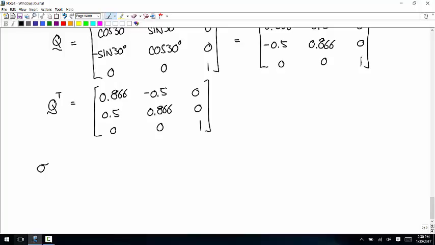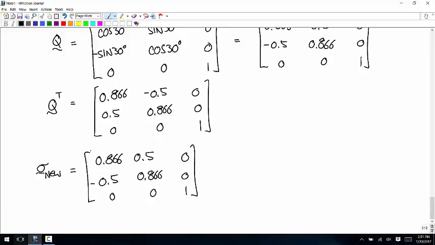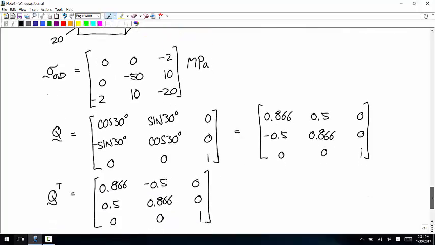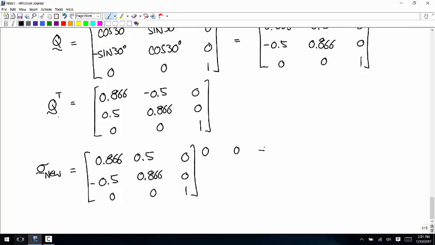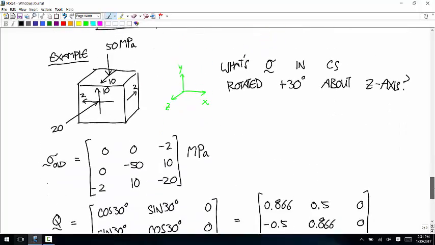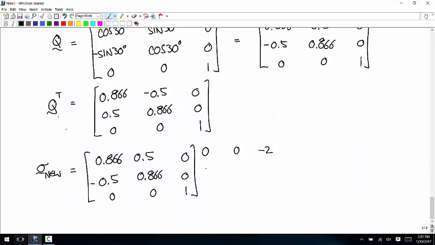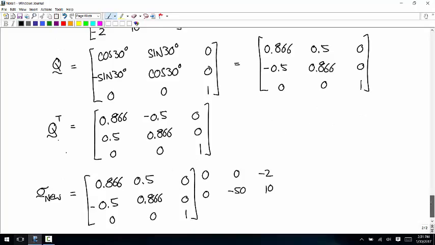And so the rotated stress tensor, sigma prime, is equal to 0.866, 0.5, 0, negative 0.5, 0.866, 0, 0, 0, 1, times the stress tensor of 0, 0, negative 2, 0, negative 50, 10, negative 2, 10, 20.